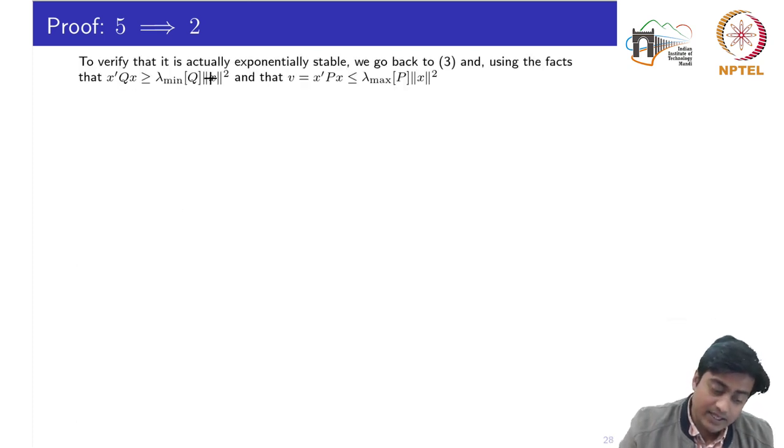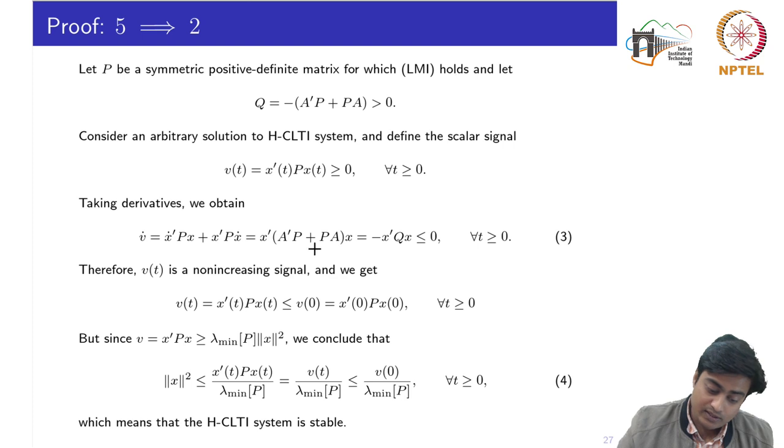So to verify that it is actually exponentially stable, we go back to the relationship 3. So this relationship is basically this part which says that the signal V is a non-increasing signal.